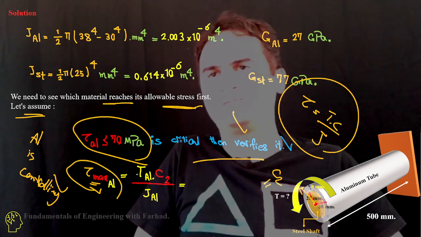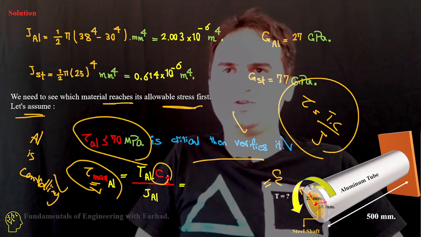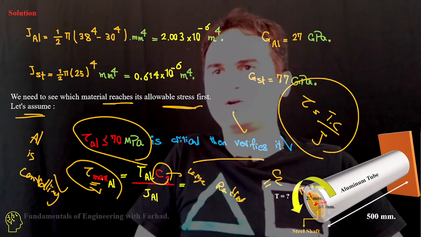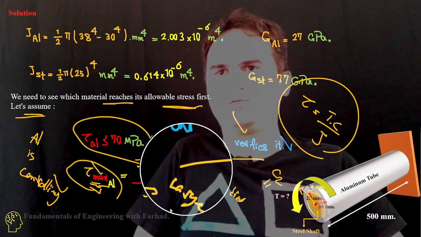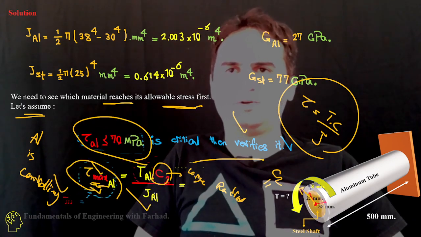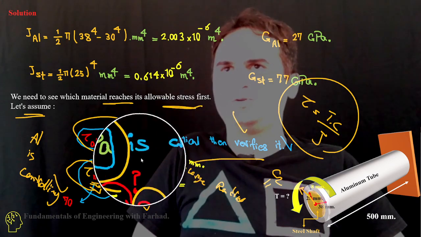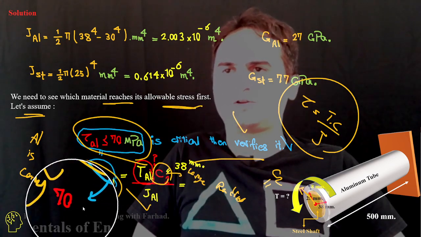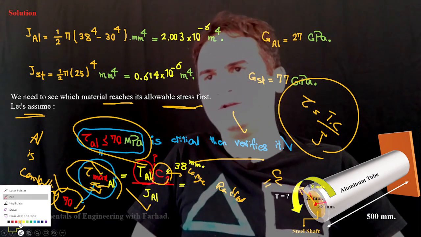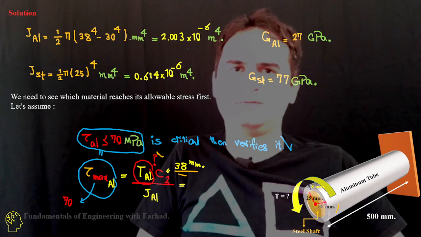Tau max of aluminum is the torque of aluminum times C2, the larger radius, over J aluminum. We replace tau max of aluminum with the problem statement's tau allowable of 70. Then the only unknown is the torque, and the outer radius for the aluminum tube, which replaces C2, is 38 millimeters, as you can see here.